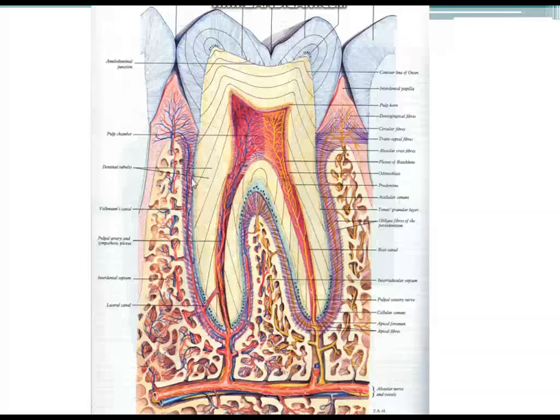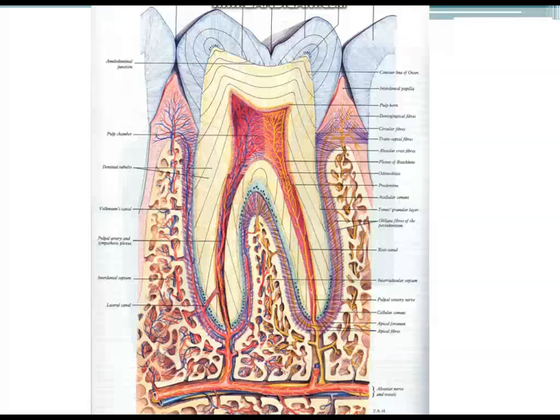Then what we have to know about the hard tissues of the tooth is cementum. Cementum covers the root of the tooth, and it is similar to bone tissue, in which here also 50 to 55% is inorganic substances. Then approximately 50% are organic substances, which are represented by collagen fibers.